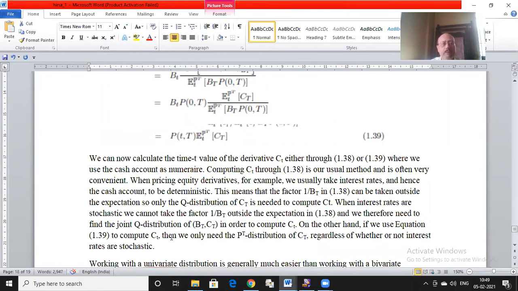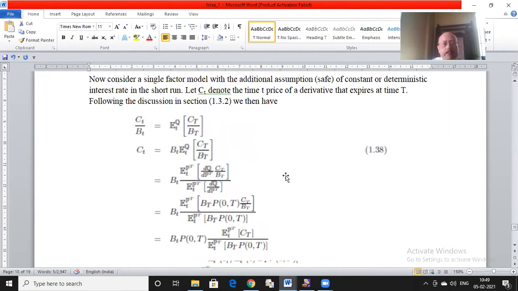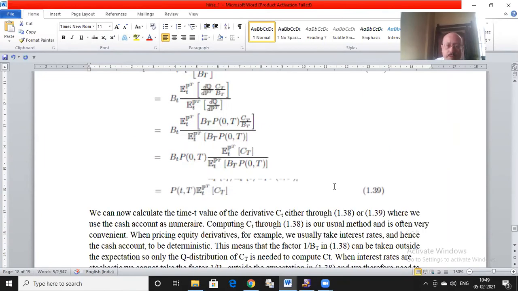Therefore, I will need to find the joint distribution of B and C at the terminal time, BT and CT, because here at equation 138 I have to calculate the expectation of the ratio. So I will need the joint distribution.